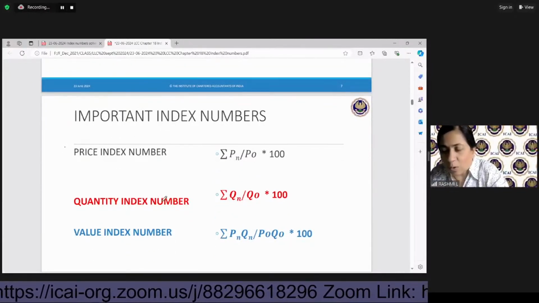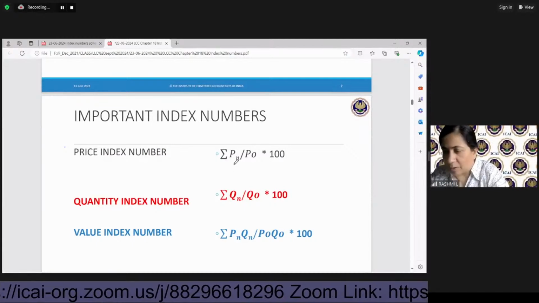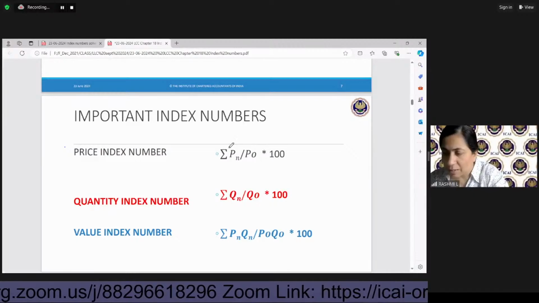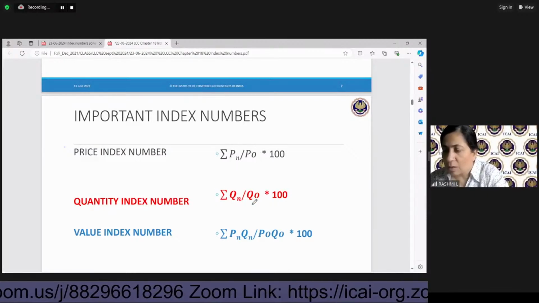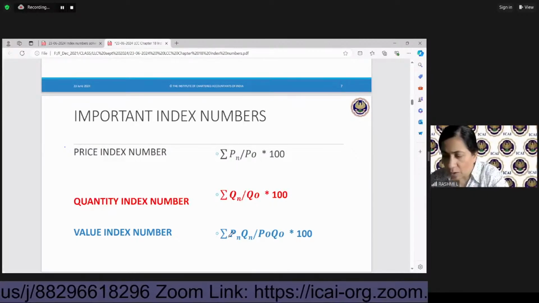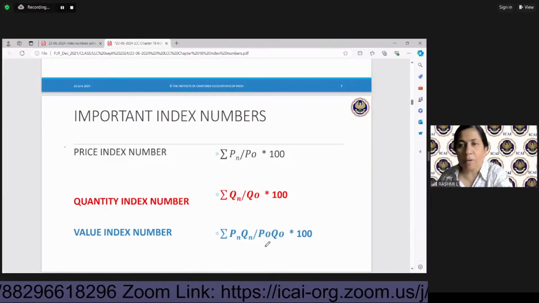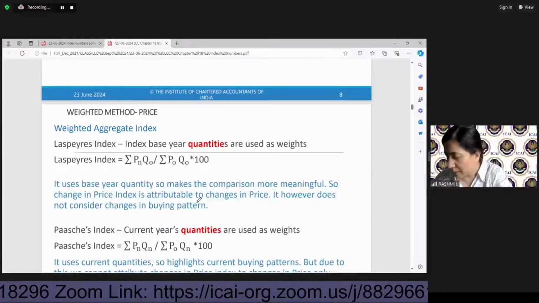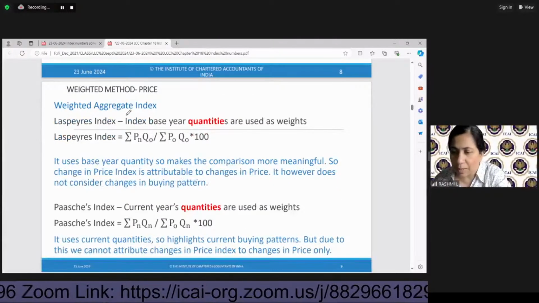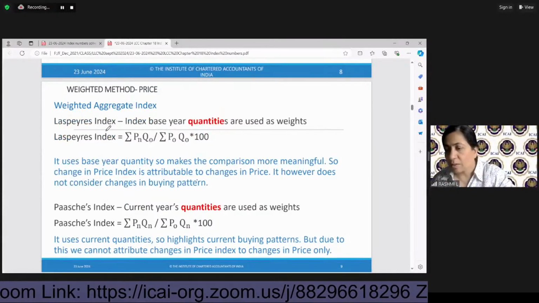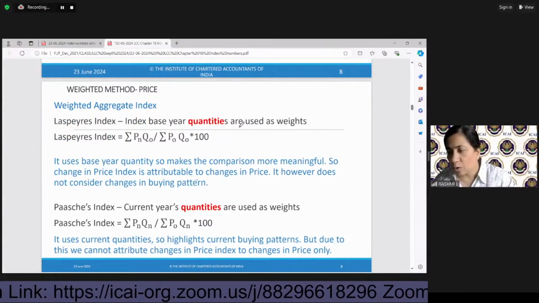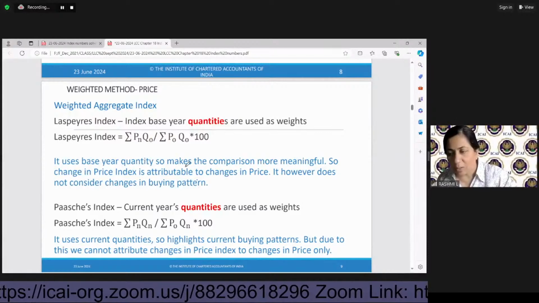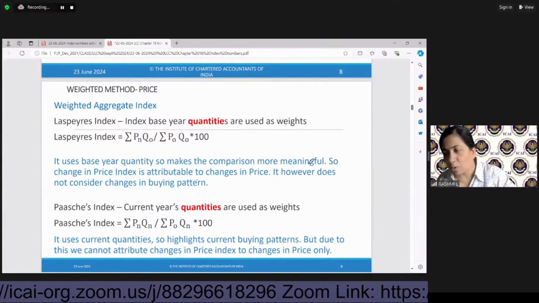Price index number, quantity index number, and value index number. You are comparing the current with the base year. So Pn upon P0, then quantity Qn upon Q0, and value is Pn Qn upon P0 Q0. Then the weighted method: when we are talking about the Laspeyres price index, the base year quantities are used as weights, to make the comparison more meaningful.